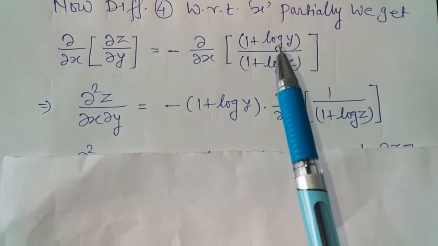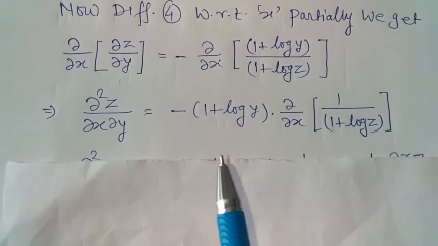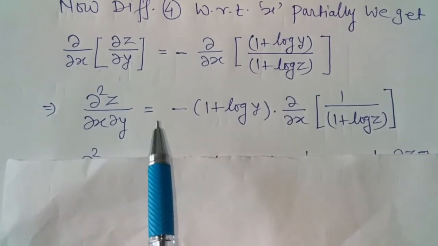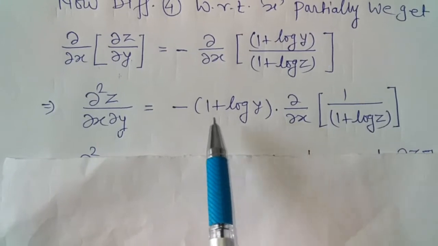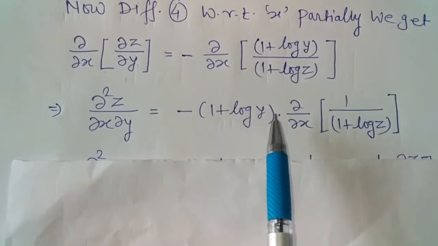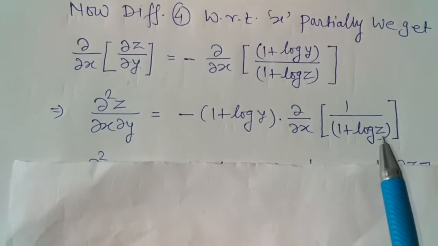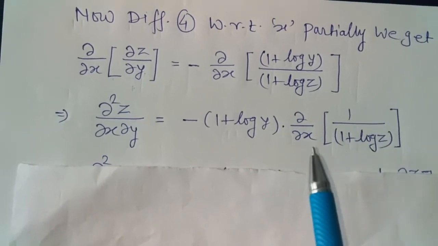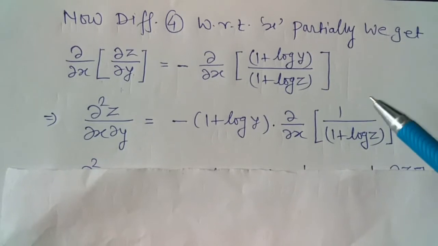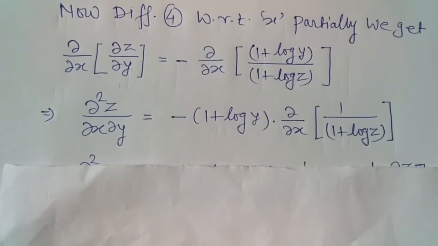So 1 plus log y is a purely constant expression. So we write outside the partial derivative operator, and we have del 2z upon del x del y is equal to minus 1 plus log y, which is constant with respect to x, into del by del x of 1 upon 1 plus log z. Log z, here z is dependent variable, and dependent variable is not constant.